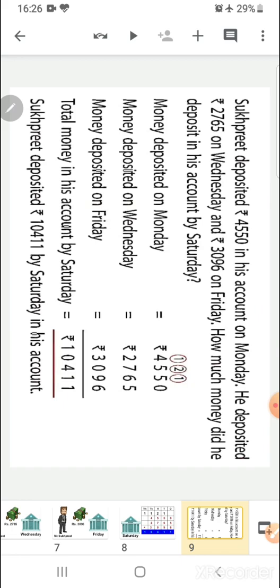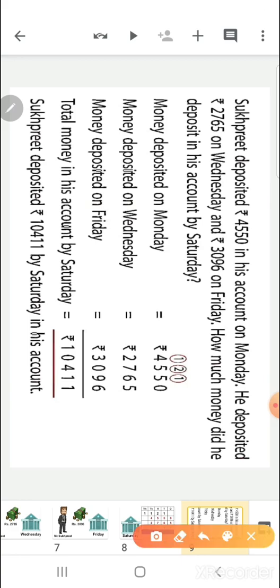He deposited rupees 2765 on Wednesday and rupees 3096 on Friday. How much money did he deposit in his account by Saturday? Children, first of all, we should read the question at least 2 to 3 times. It will help us to understand what they are actually asking.